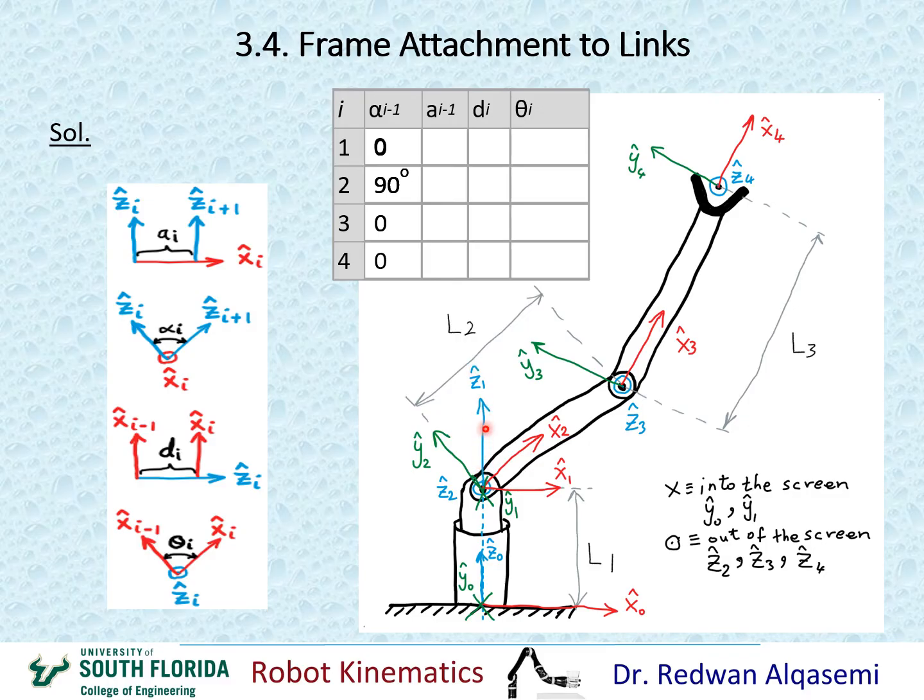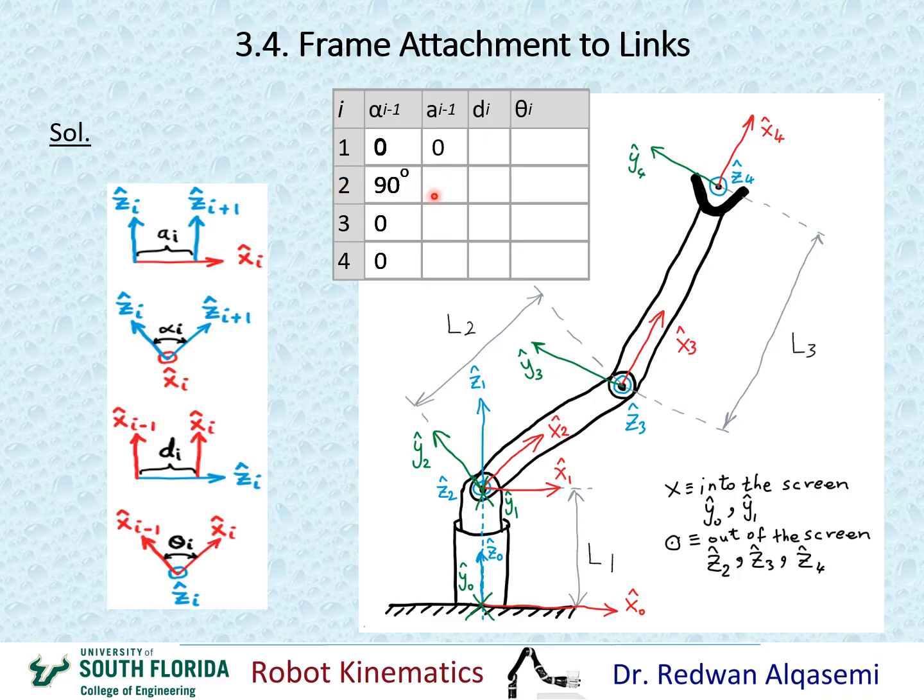Okay, and I'm going to be looking at the distance between them along x0. This is x0. Obviously z0 and z1 are on the same line or the same position along x0, which means that the distance is 0 between these two z axes. So that means my a0 is 0.